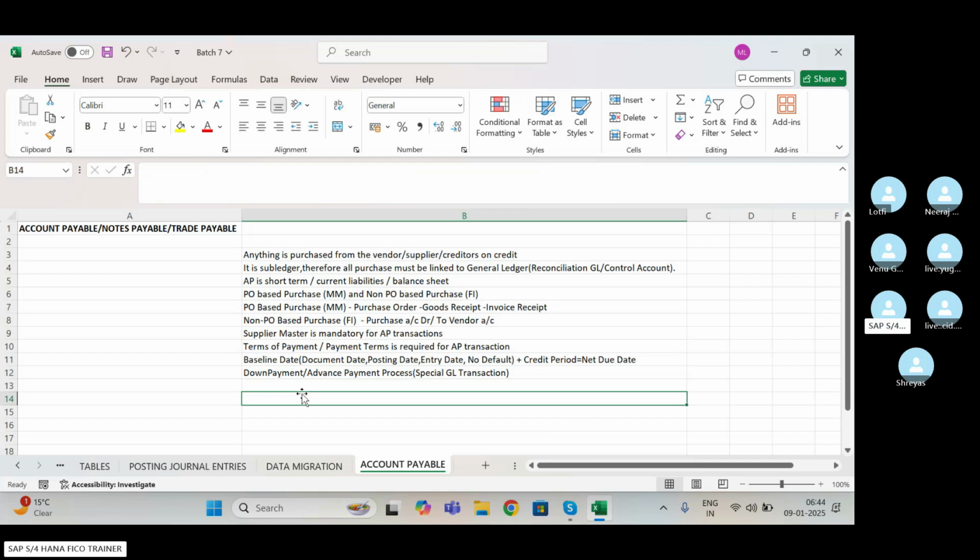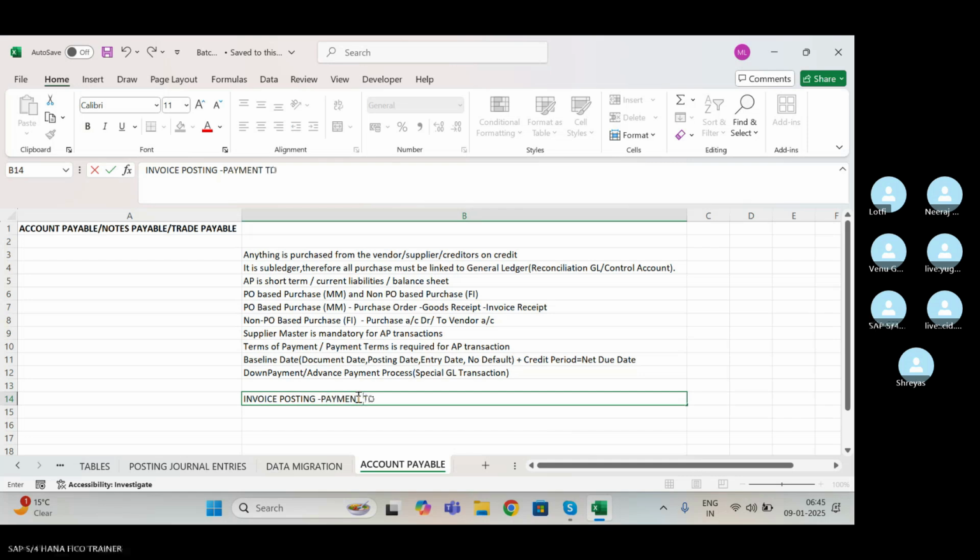Now, if I summarize, so your account payable happens, let's say purchase, let's say invoice posting, in shortcut, invoice posting. Vendor will send you invoice, either you purchase PO based invoice receipt in invoice posting, or you directly post on non-PO basis, but you post the invoice, then you have to do the payment to the vendor.